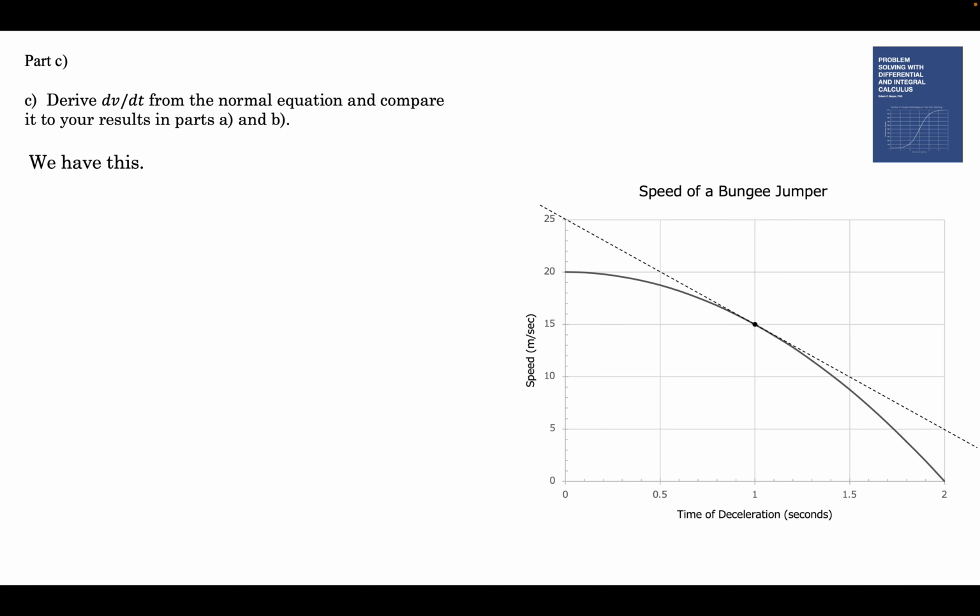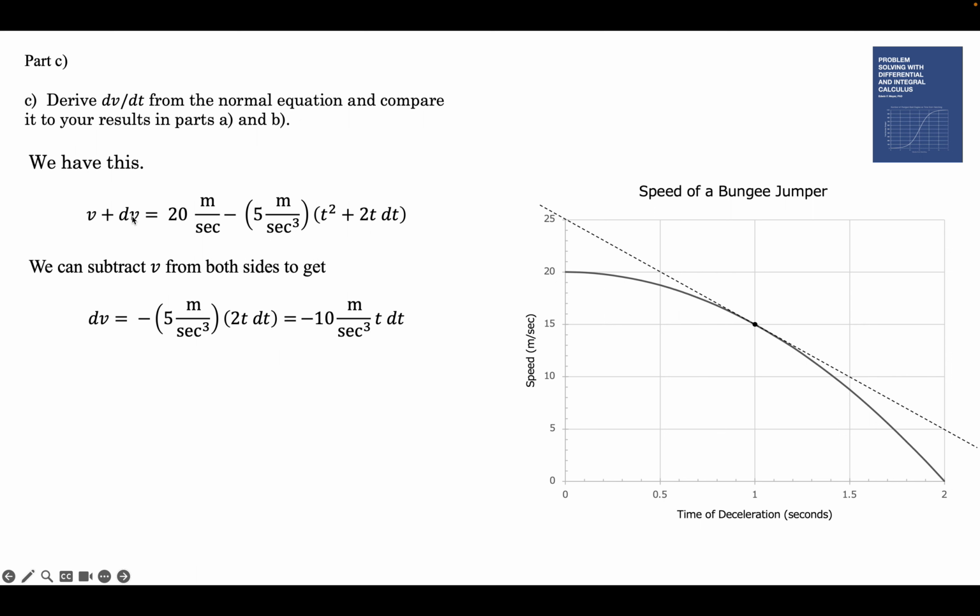And now, here it is again, and we're going to subtract the v from both sides. So v is 20 meters per second minus 5 meters per second cubed t squared. And that whole thing is going to go away, and we're going to be left with dv. So dv is just the 5 meters per second cubed times the 2t dt. We put the 5 and the 2 together, get rid of the parentheses, and we get minus 10 meters per second cubed t dt.